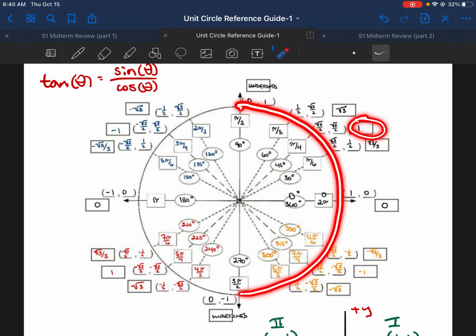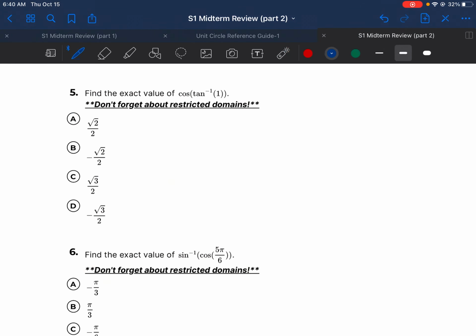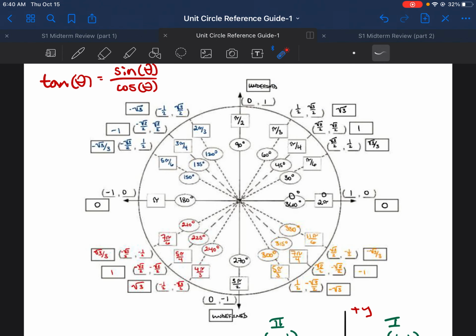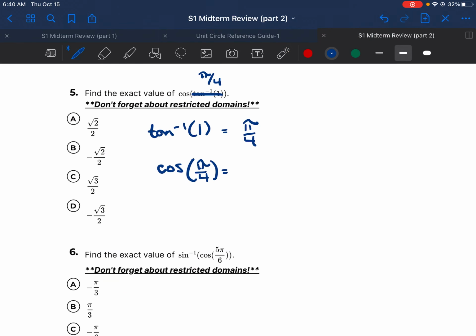Remember, tangents in our rectangle, tangent of positive 1 is happening at pi over 4. So inverse tangent of 1 is going to be equal to pi over 4. Now that we've taken care of that part, we just need to evaluate the cosine of pi over 4. Well, looking at our unit circle here, pi over 4, the cosine value, the x value is square root of 2 over 2, so we get square root of 2 over 2, which is answer choice A.